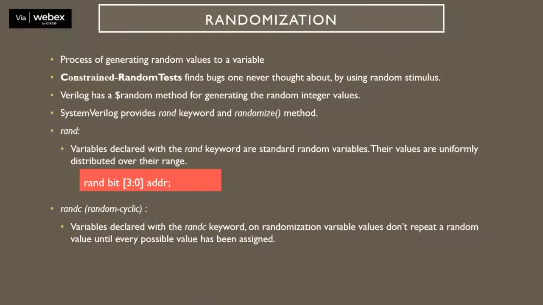If we take the similar example here, with the cyclic constraint, until all the possible values have been generated at least once, it will not go to the next cycle of repetition. So it will not repeat the random values. That is the feature that is available in randc.